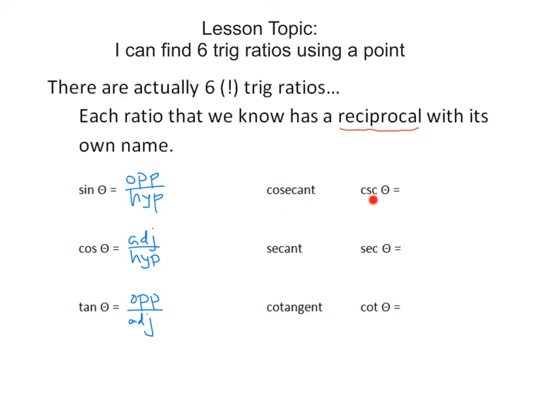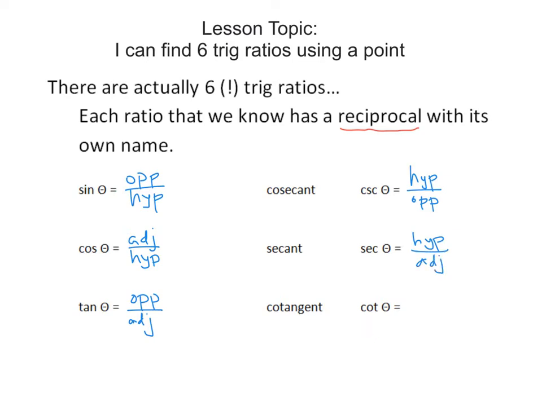Cosecant is abbreviated CSC, and therefore cosecant of theta is hypotenuse over opposite. The cosine and secant are reciprocals of each other. Secant is abbreviated SEC. So the secant ratio is hypotenuse over adjacent.